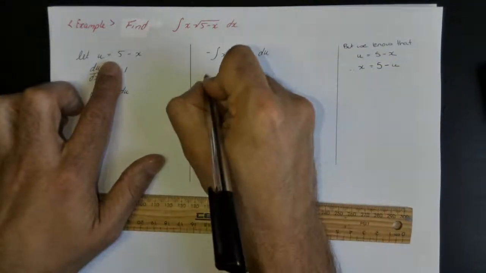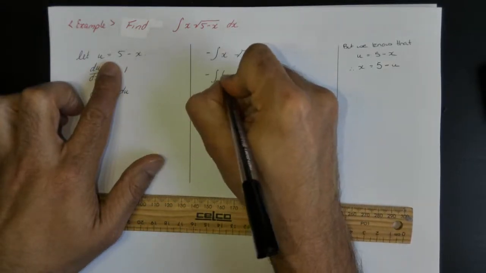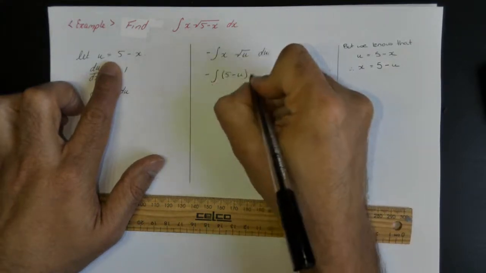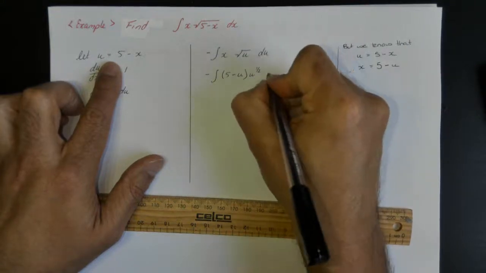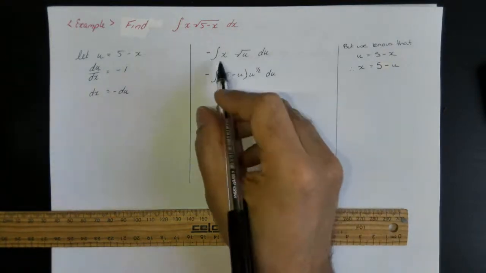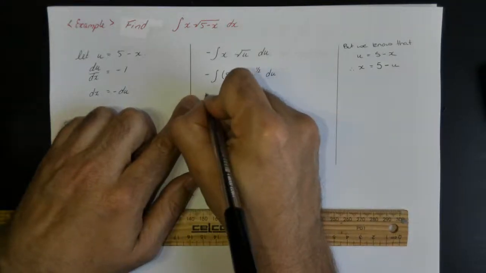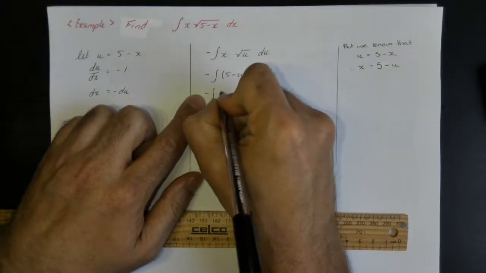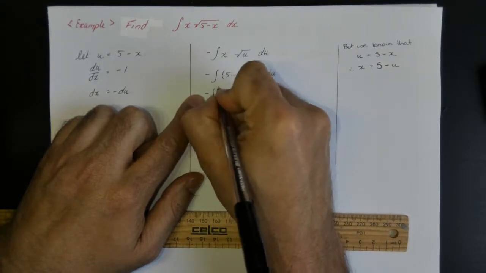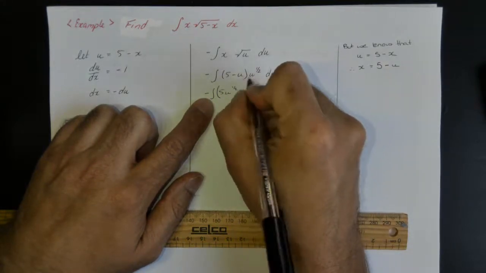Okay, so what I will do, is put that into fractional powers, replacing that x with 5 minus u. Well, now I can just expand this, so I get 5u to the power of a half minus, multiplying that, I get u to the power of 3 on 2, 1 plus a half.